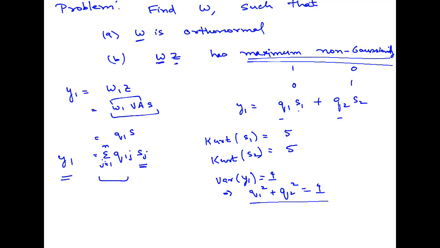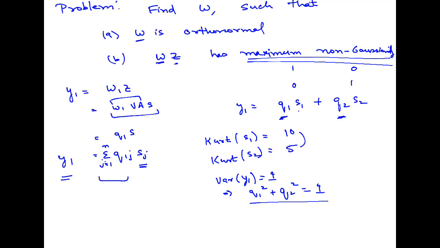So any other choice of Q which is not either 0, 1 or 1, 0 will give lower non-Gaussianity for Y1. Therefore the choice of W that you will choose will necessarily force Q1 and Q2 to be either 1, 0 or 0, 1. Now let's take the other example, where this non-Gaussianity was 10 and this non-Gaussianity was 5.